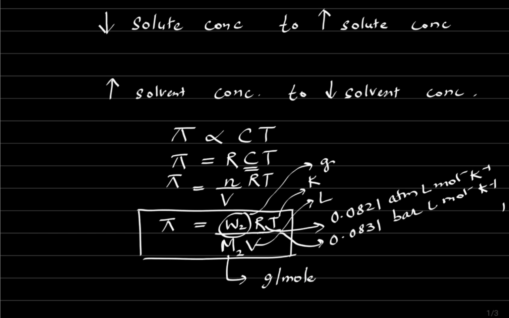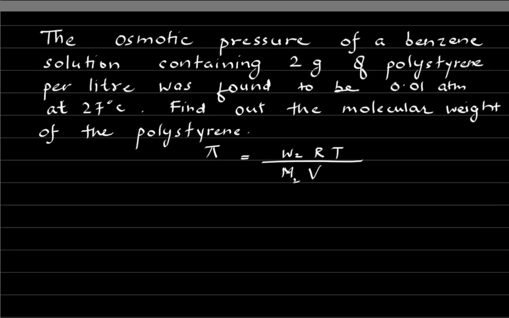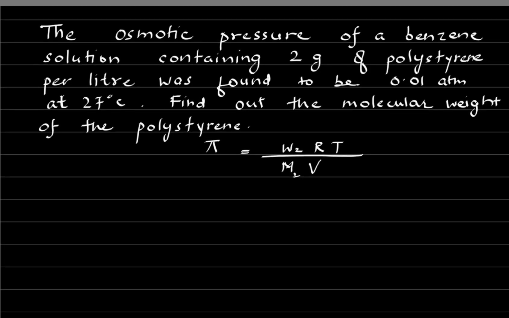Now, let's use this relationship to solve a problem. The osmotic pressure of a benzene solution containing 2 grams of polystyrene per liter was found to be 0.01 atmospheres at 27 degrees Celsius. Find out the molecular weight of the polystyrene. So let's use the relationship that we have.